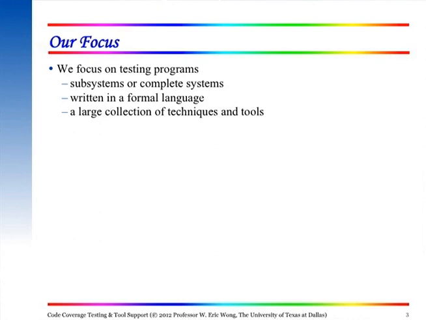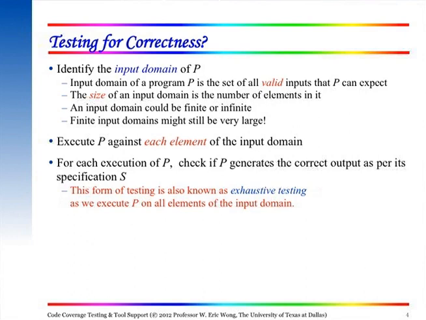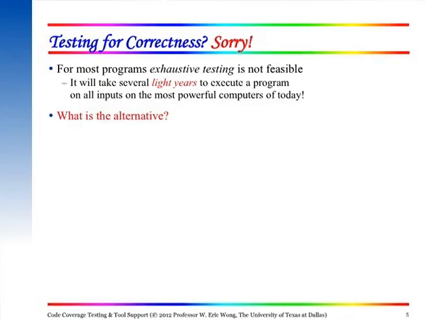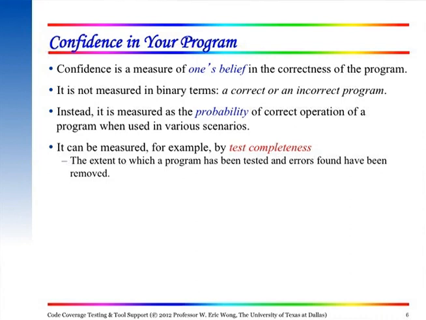So the first question which we need to answer is, why do we want to do this type of testing? How does it improve your confidence in program correctness? We all know that we cannot use testing to prove the correctness unless you use every possible input value.